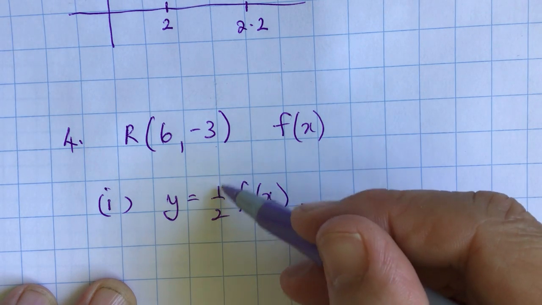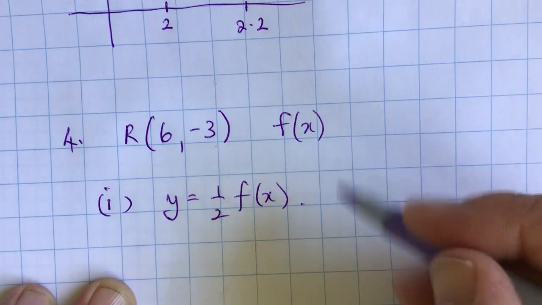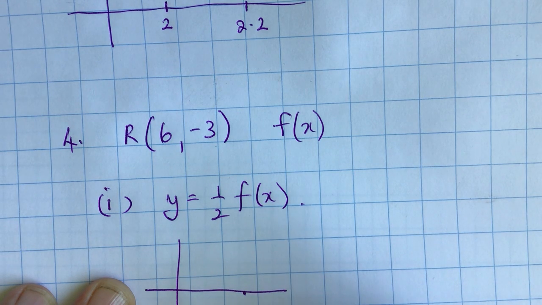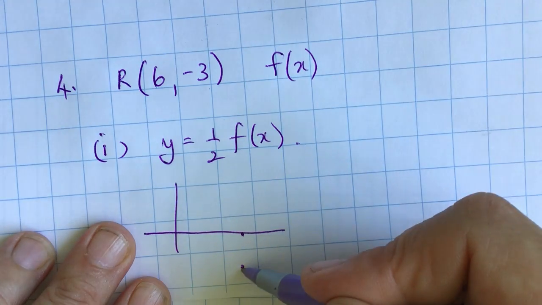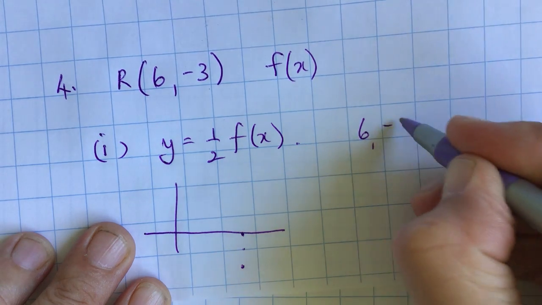So this is a vertical stretch, scale factor of a half. If I have a coordinate, 6, minus 3, and I do a vertical stretch scale factor of a half, then that's going to come up by a half. So the new coordinate will be 6, minus 1.5.